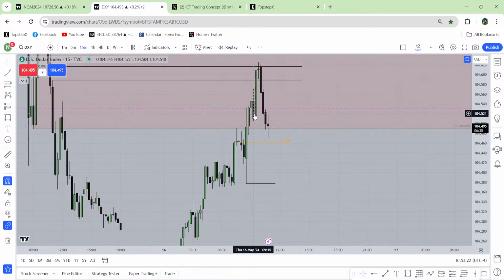It can be a breaker block if you are looking for this one. But if you are looking for this one as your breaker block, either way, it's not a breaker block. The market didn't take that low. If you ask whether this one is a mitigation block, I don't know about that. But this is not a breaker block, that's for sure. This one, if you ask, I can say it can be the breaker block. I'm joking, no problem, brother.